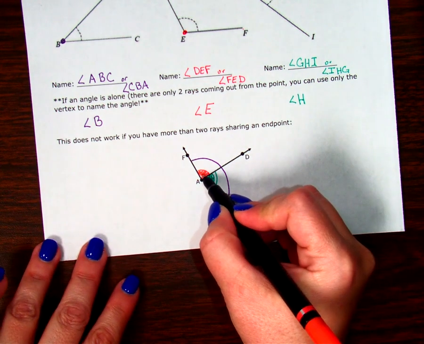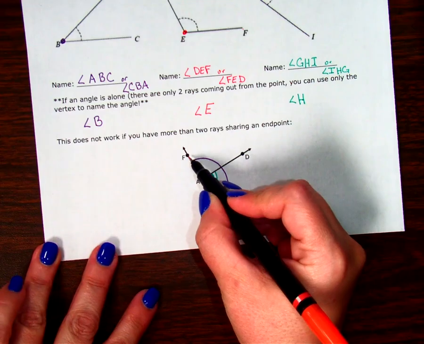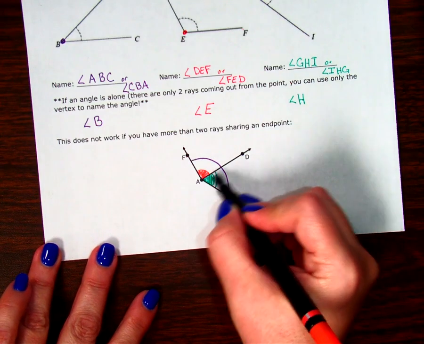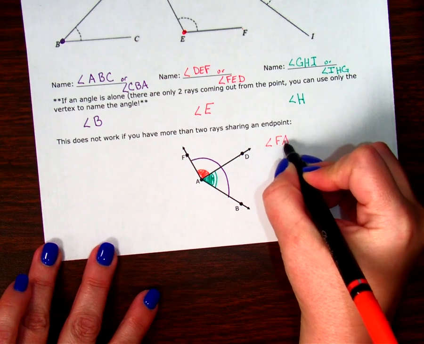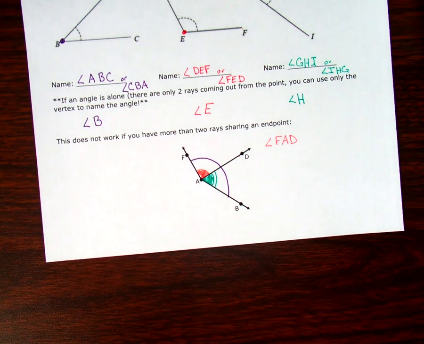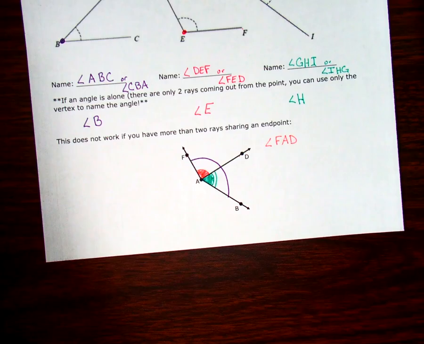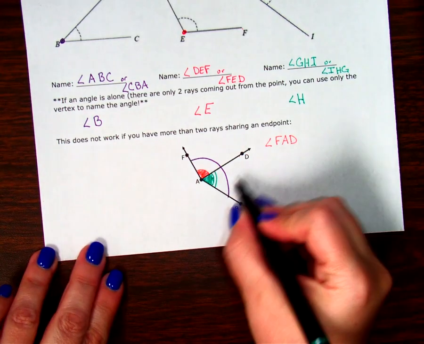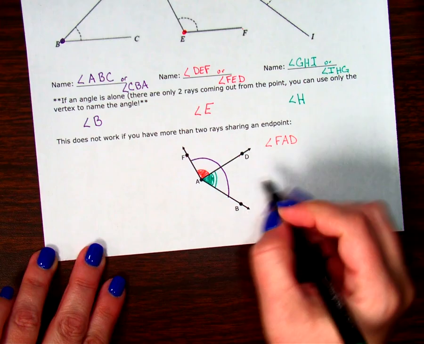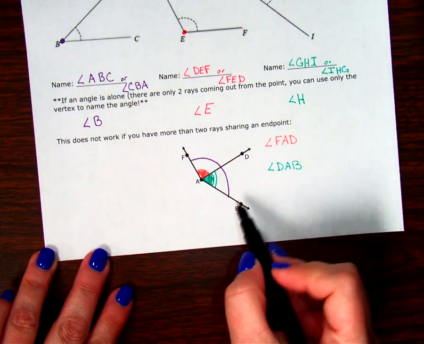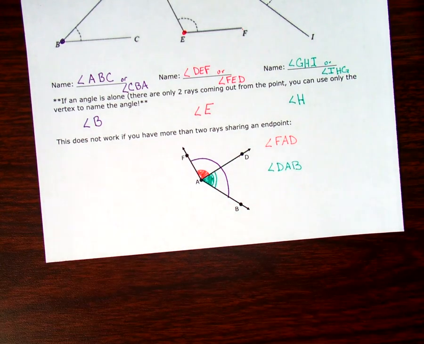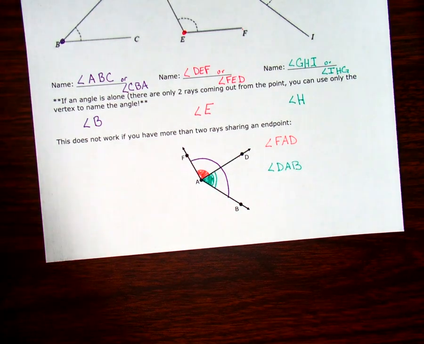So this one that's in orange is really angle FAD, or DAF. The angle in green is really DAB, or angle BAD, depending on if I want to spell dab or bad.